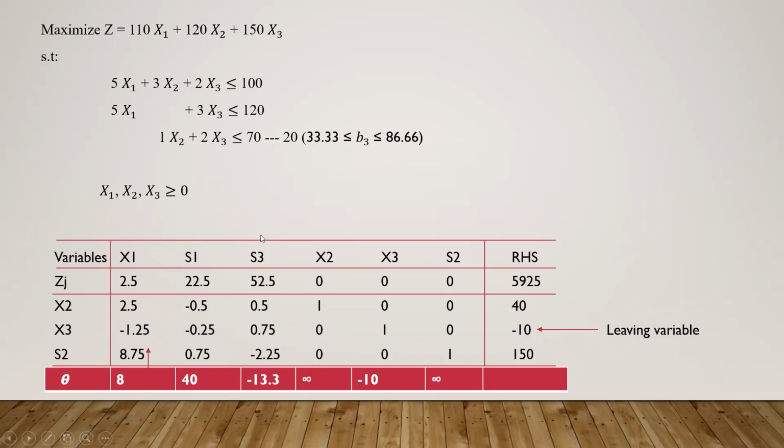Previously, if you remember in the simplex method, we divided the right hand side by the coefficients here. Here it's the same: you divide the right hand side by the coefficients in the row. But this time you fix the right hand side and just change the coefficient.